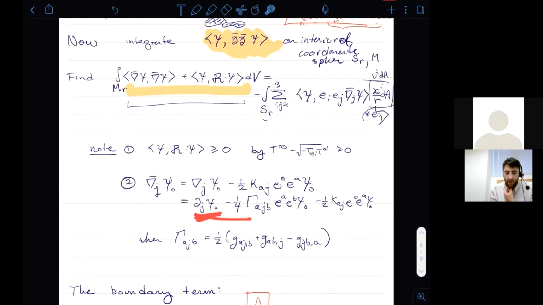We have the literal partial derivative, the rate of change of psi naught, which goes to 0 because it's just a constant. And then we're left with this Christoffel symbol, the one that we're used to from vector fields, given down here. To translate that in terms of acting on psi naught, we multiply by Clifford multiplication and a factor of a half, because two-forms act on spinors by one half Clifford multiplication.